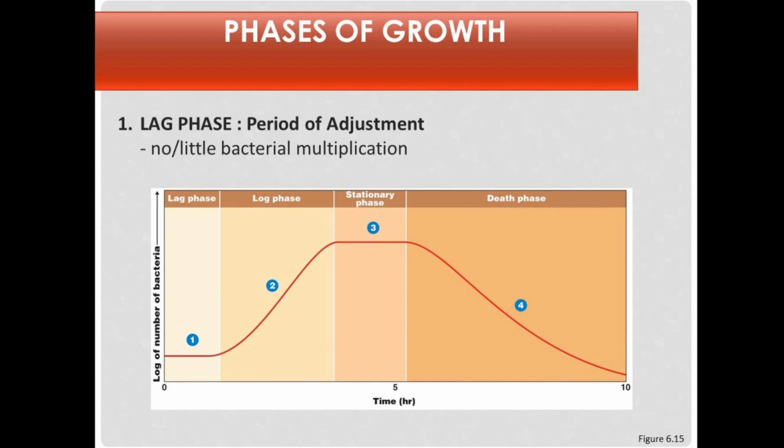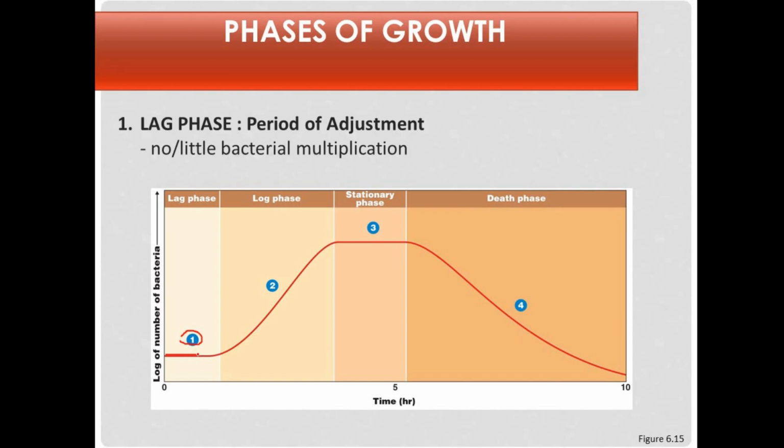Why? Because in this stage, you can observe here it is a very small curve. In the lag phase, there is a very small curve because the bacteria are still adjusting. Nag-a-adjust siya sa kanyang environment.